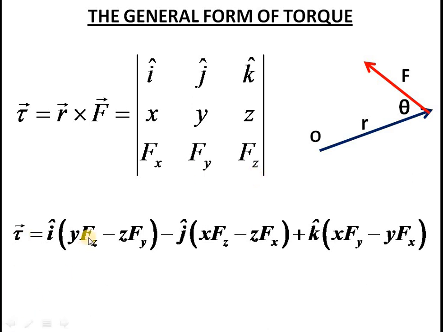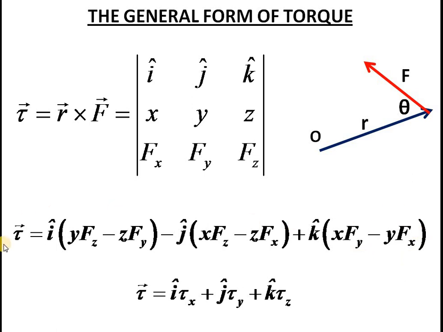Here we have the x component of torque, the y component of torque, and the z component of torque. You can compactly write it as i cap tau x plus j cap tau y plus k cap tau z. The tau x, tau y, and tau z components are given by these expressions.